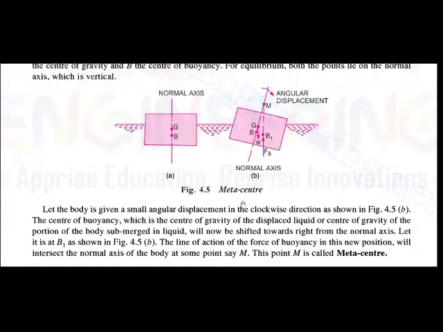In the figure you can see the distance GM is nothing but the metacentric height, the distance between the center of gravity and the metacenter. Here the distance GM indicates the metacentric height.